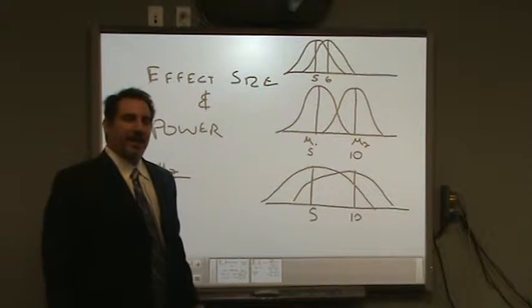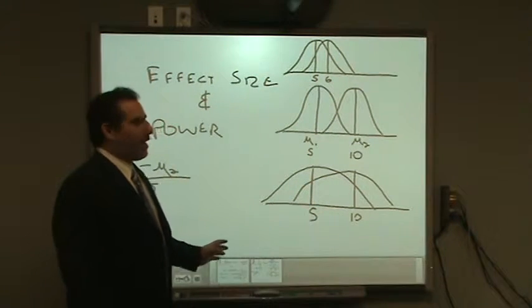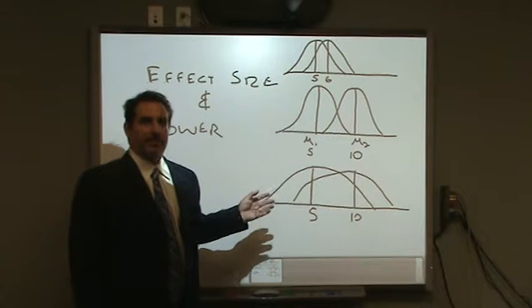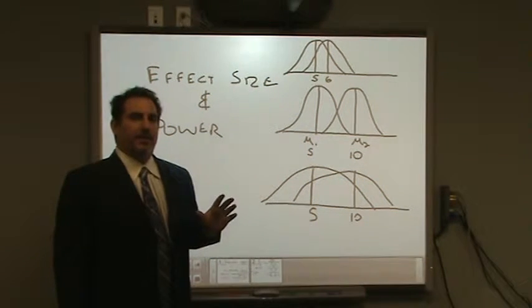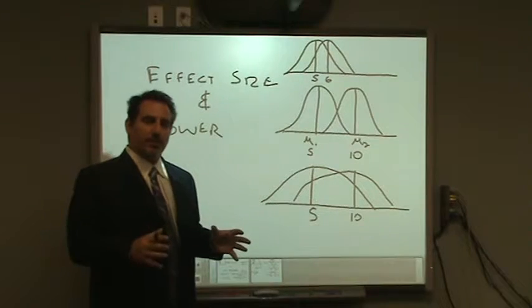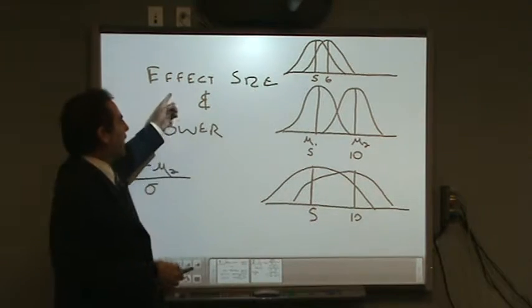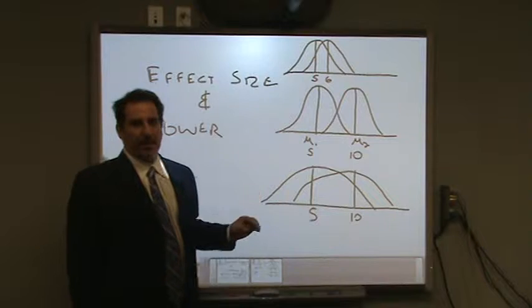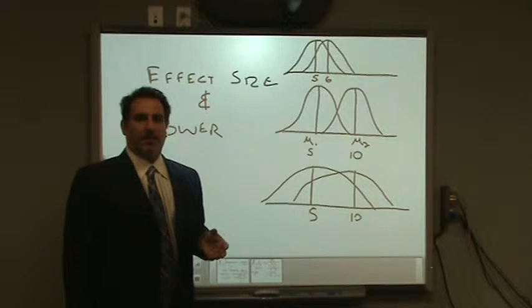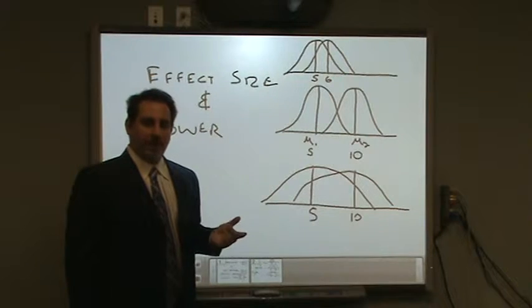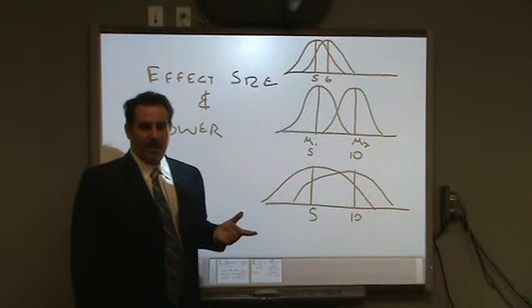Okay, everybody. I thought I'd harp on another element of statistics that I've already touched on, but I just want to really drive this point home about effect size and power. A lot of what we do in statistical analysis is look for statistically significant differences.